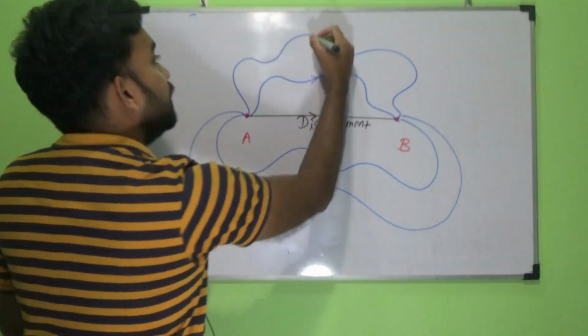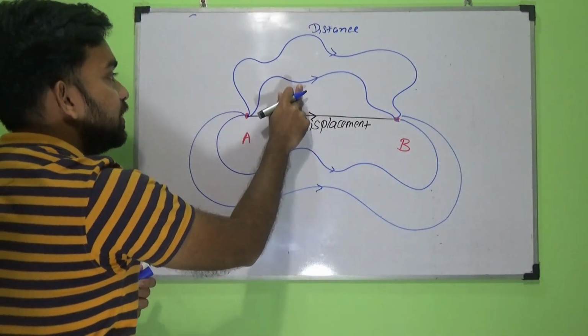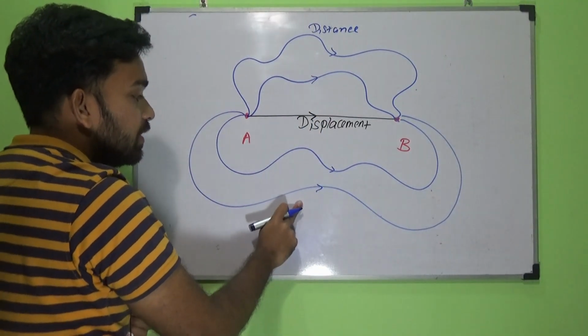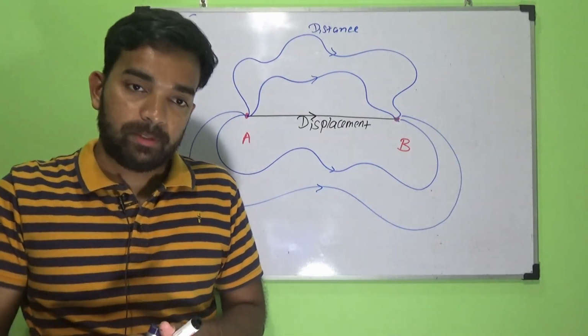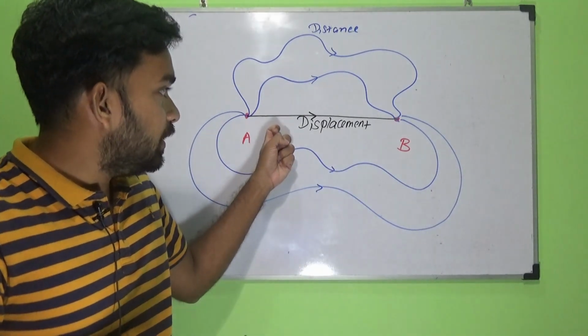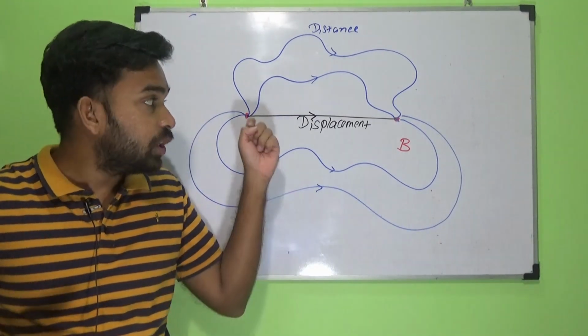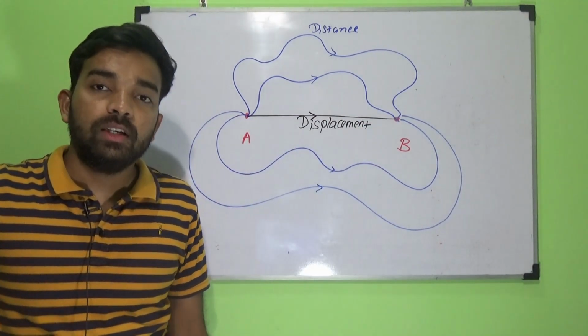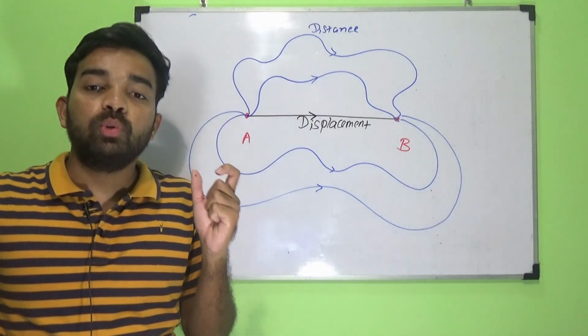These all are distances, right? This is a distance, this is a distance, this is a distance, this is a distance, but we have only one displacement. So displacement is known as the shortest distance between two places, right? The displacement is the shortest distance between two places.